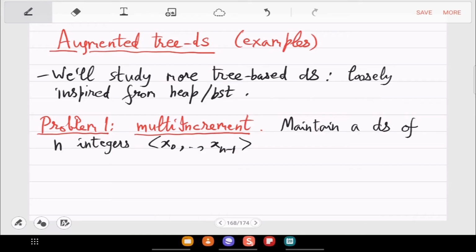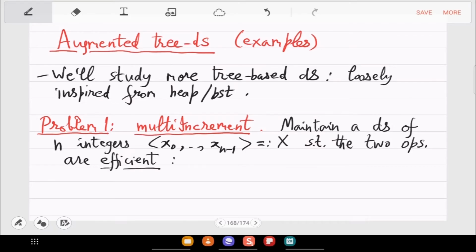So this is the list of integers x such that the two operations are efficient, as efficient as possible simultaneously.